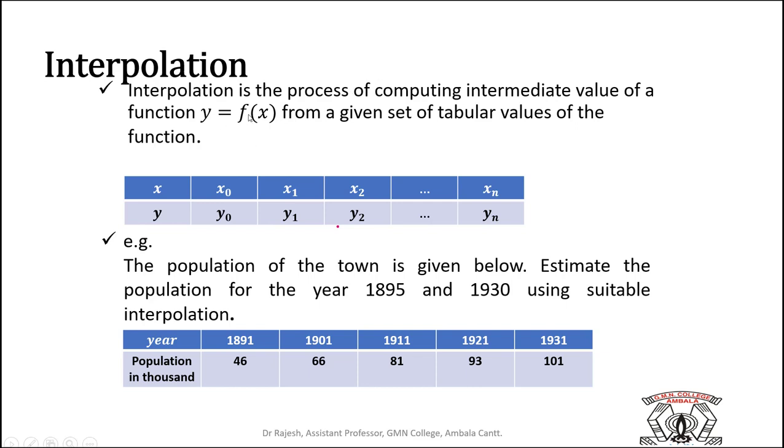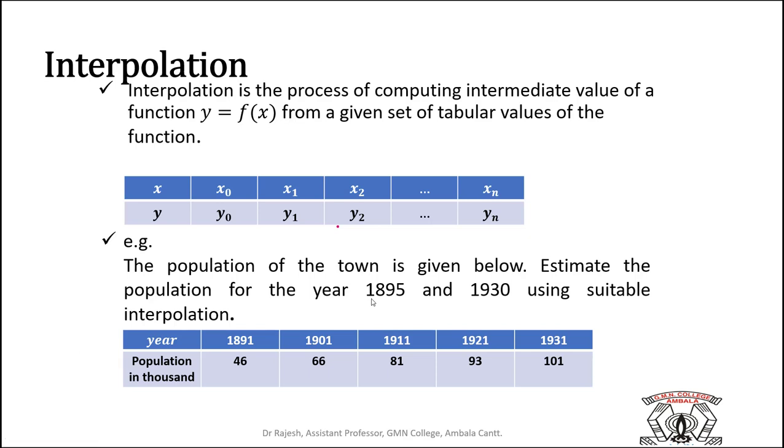Intermediate means in between the given points, to find the value of the function at the intermediate points, and I have illustrated it through a well illustrative example, this one, where at 1895 and 1930, at these 2 points the value of the function is to be calculated, that is the population is to be calculated in this particular case.